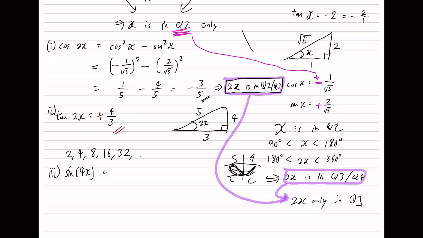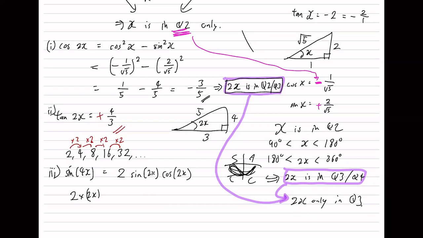What's the pattern? Times 2 times 2 times 2 times 2. So there's doubling of the angle. Means you can use what formula? Double angle formula. Exactly. But here you can think of it as 2 times 2x. So you can rewrite it as 2 sine 2x times cos 2x.